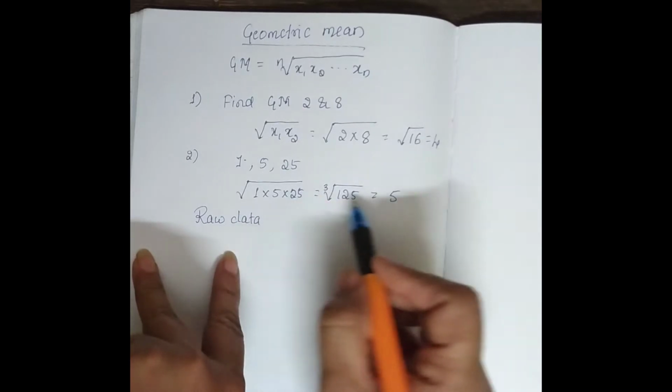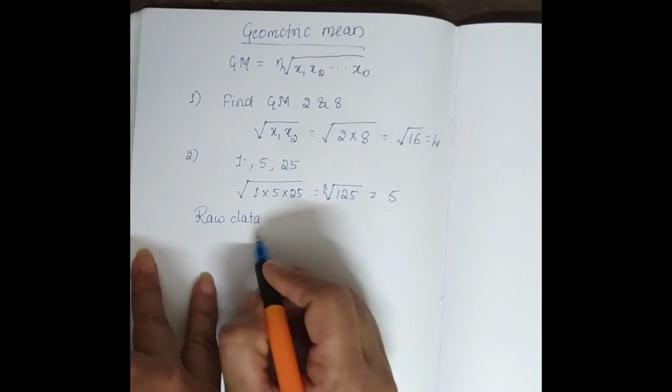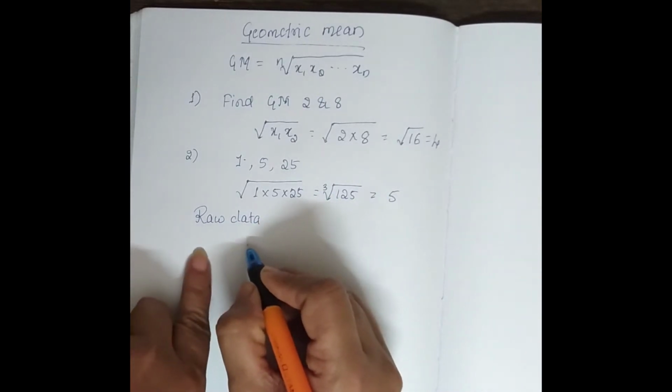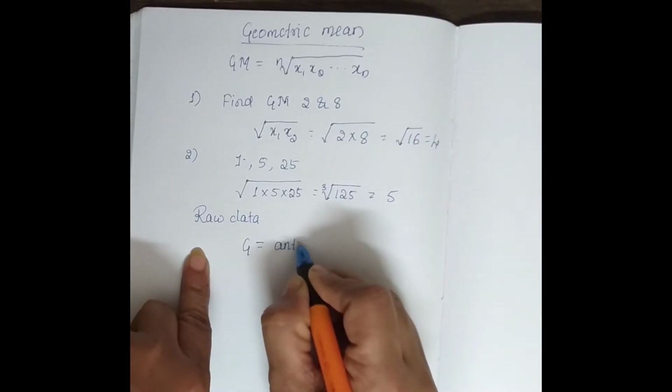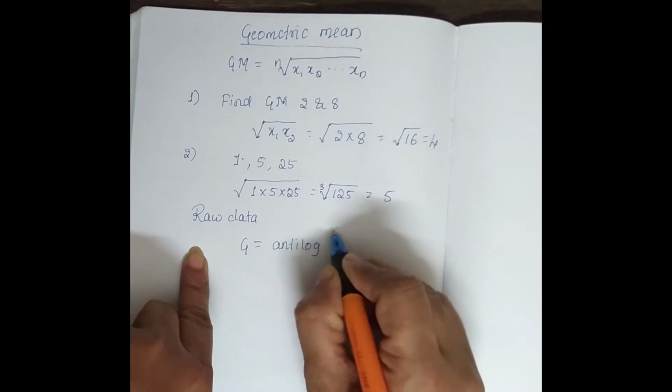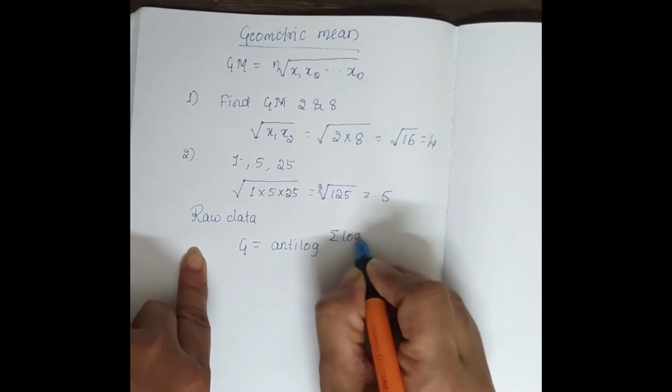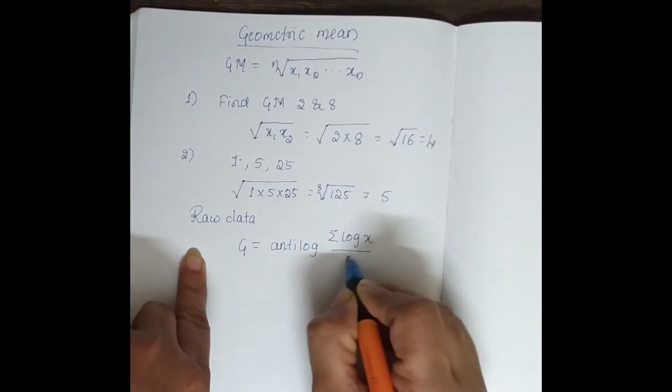But when the values are more, with the help of logarithms the formula is G equals the antilog of summation of log x divided by n.